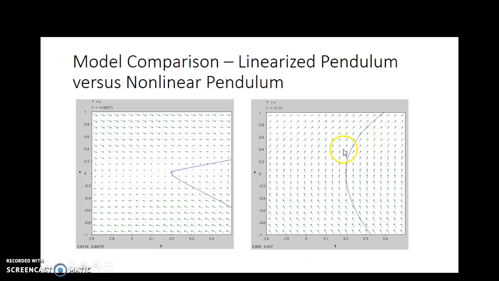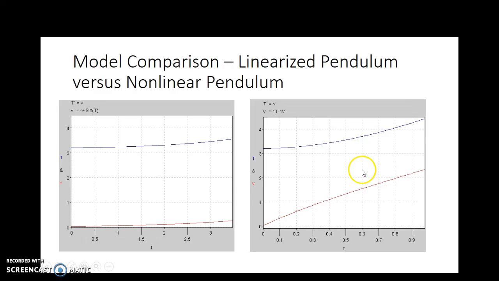Okay, so there is of course a little bit of similarity in that region, very close to that initial point, but as the value of t gets further away, as theta gets further away from pi, the behavior becomes more erratic and varies more greatly. So if I compare the linearized pendulum versus the non-linearized pendulum over a short period of time, I can see that the behavior is roughly the same.